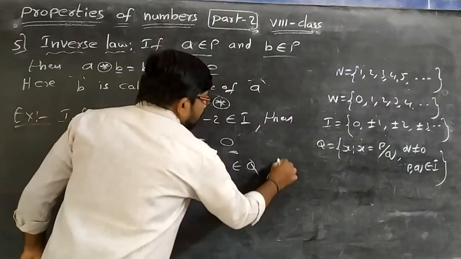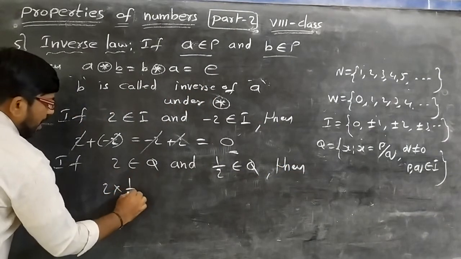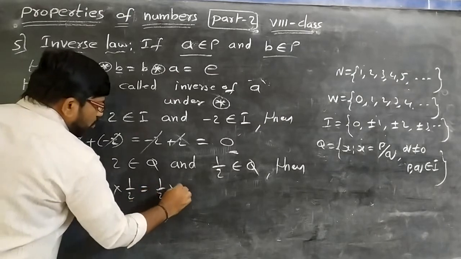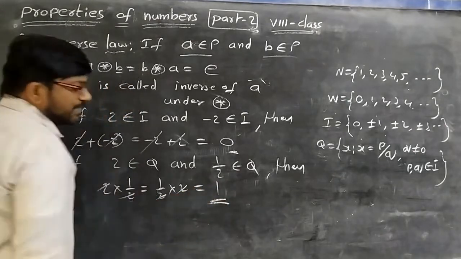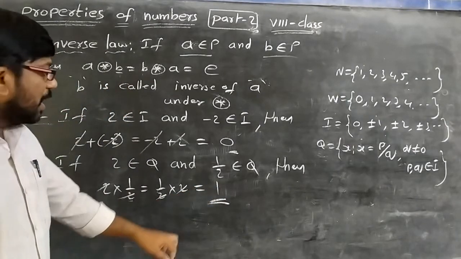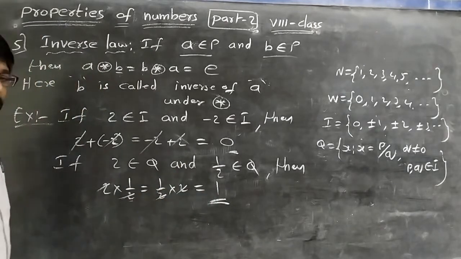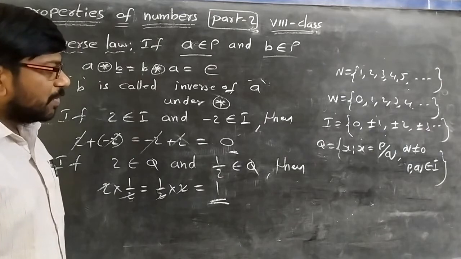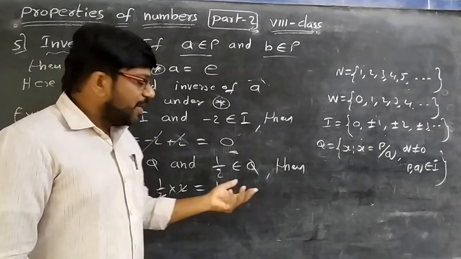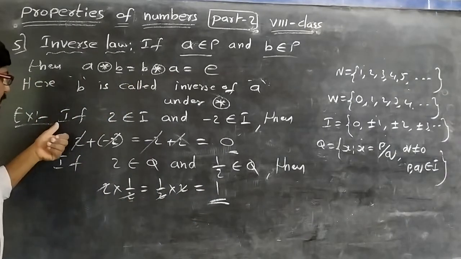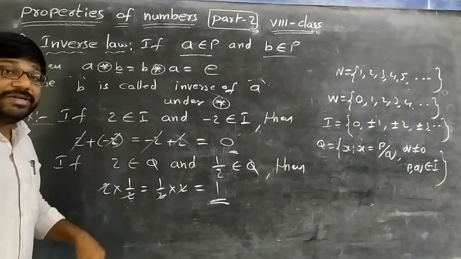So 2 into 1 by 2 is equal to 1 by 2 into 2, the 2s cancel, that is 1. 1 is the identity element in multiplication, right? So it is satisfied. From this finally we conclude that Q satisfies the inverse law under addition and multiplication also. So integers are also rational numbers, but rational numbers need not be integers, right?